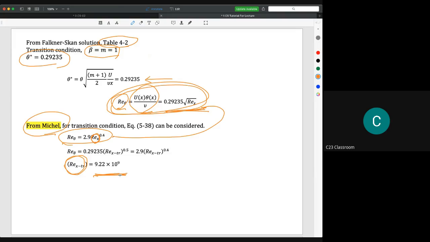They started to plot everything based on the Blasius solution, and compare their work with others and so on. That's why we are going to use this one. In common calculation, it is okay for us to use the von Karman and also the Blasius. But the limitation of Blasius is that it is only valid for laminar flow.